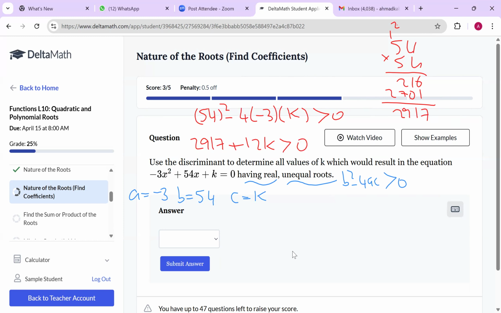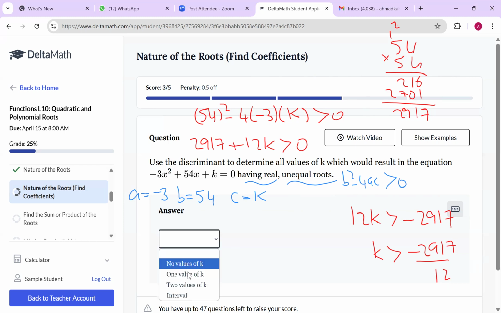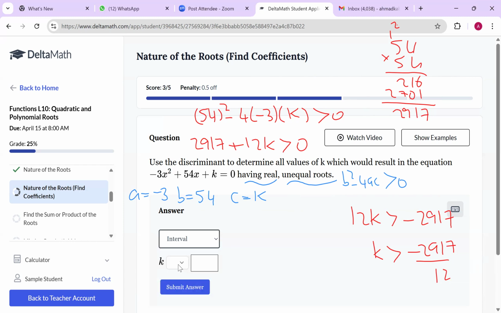So 12k has to be greater than -2917. So k has to be greater than -2917 over 12. So here we have an interval where k is greater than -2917 over 12.